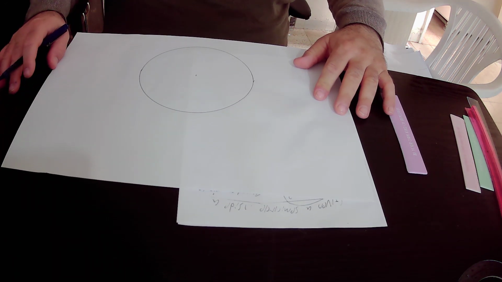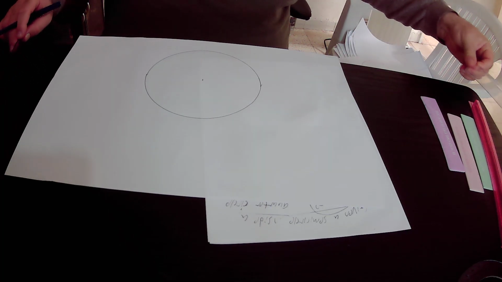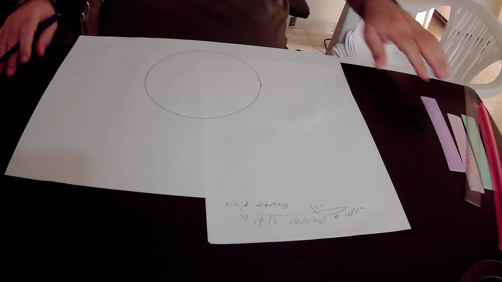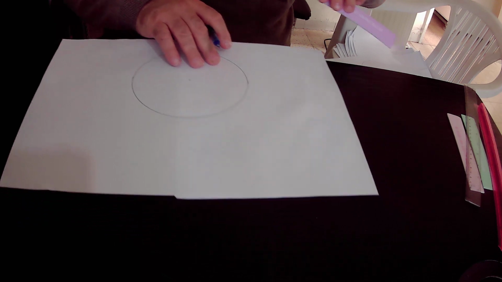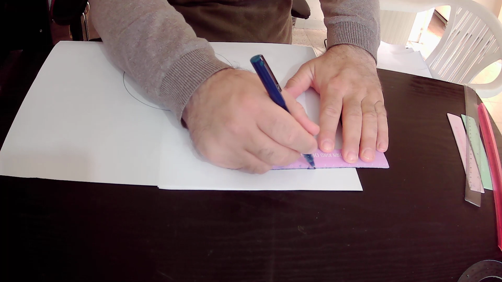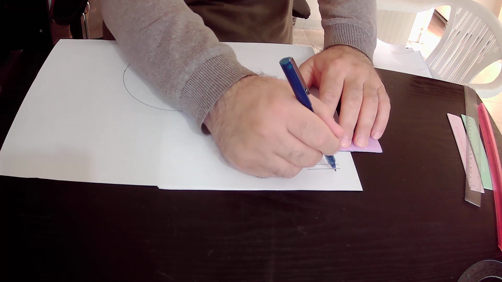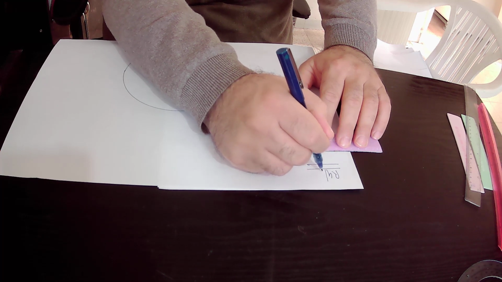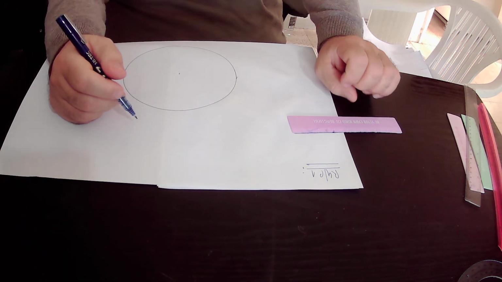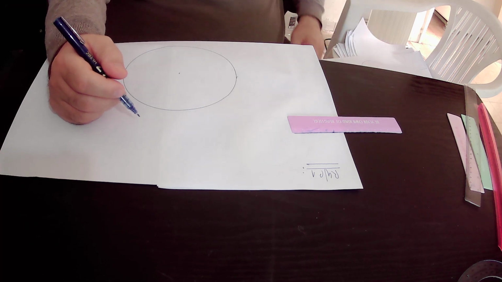According to rule number 1, the lengths of two tangents from a common external point to a circle are equal. I write it down.